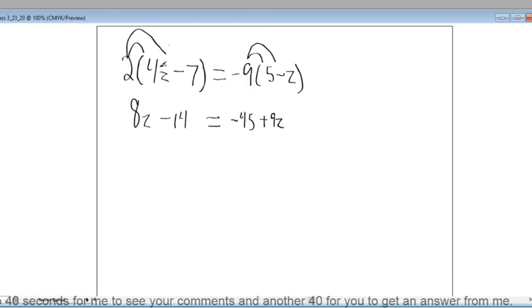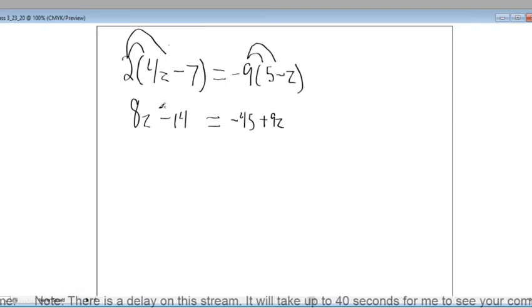What's going to be the easiest way to have this solved? Well, I honestly feel like having an 8z go to this side would be easier. If you feel like it'd be easier to take 9z to this side, go for it. It does not matter.